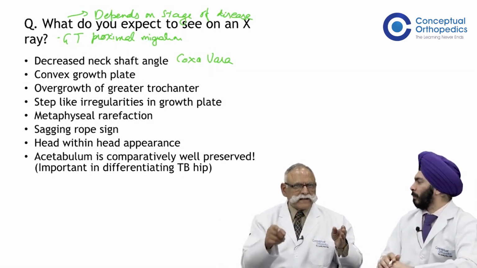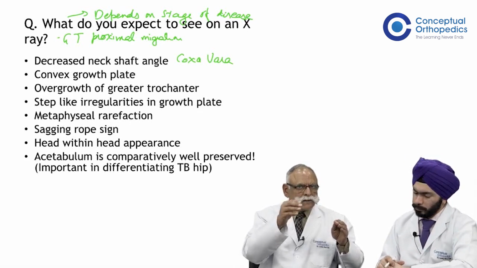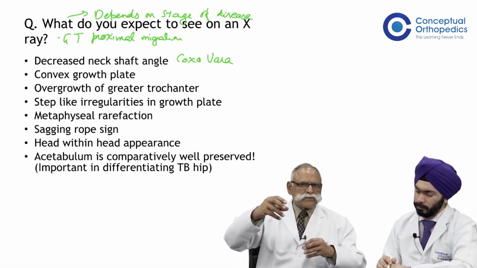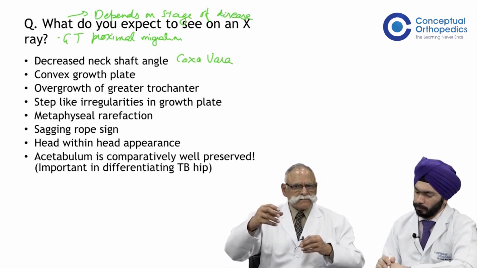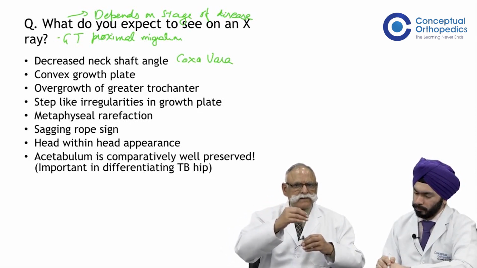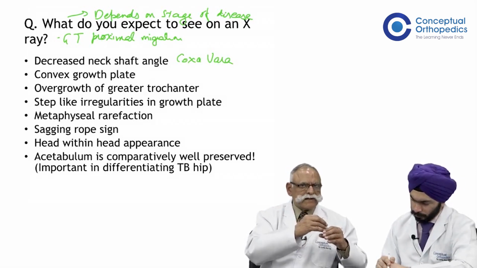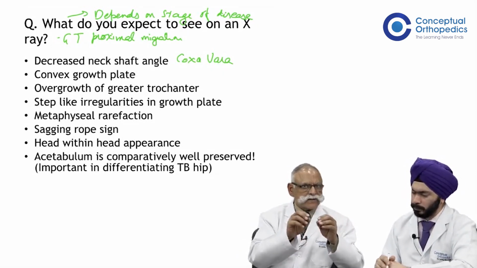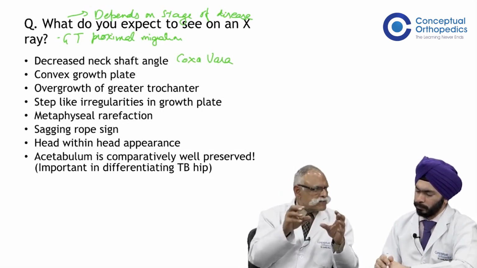The growth plate, that is the physis, may become convex. Overgrowth of the greater trochanter and irregularity in the growth plate, widening, metaphyseal rarefaction, resulting in some cystic changes.